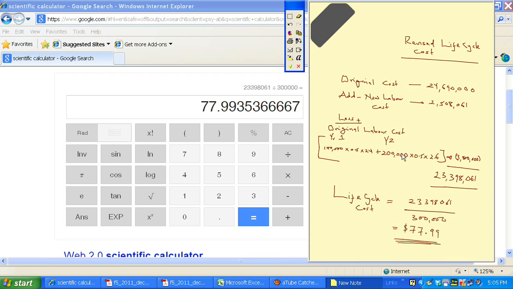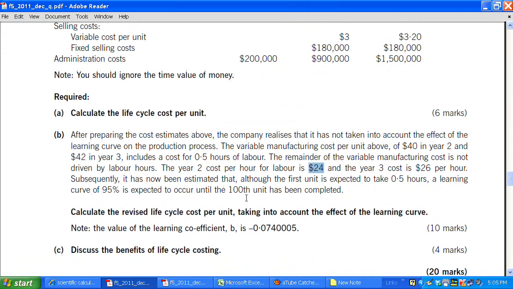So there you go. That is the new revised life cycle cost. So you can see it's a bit complicated, and that's why it's taken 10 marks.